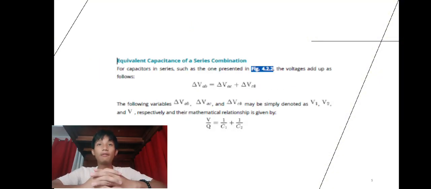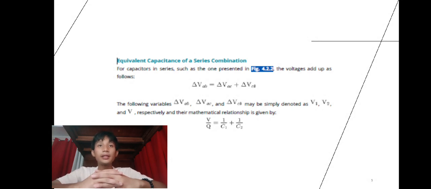Equivalent capacitance of a series combination. For capacitors in series, such as the one presented in figure 4.2.2, the voltages add up as follows: VAB equals VAC plus VCB. These variables VAB, VAC, and VCB may simply be denoted as V, V1, and V2, respectively.